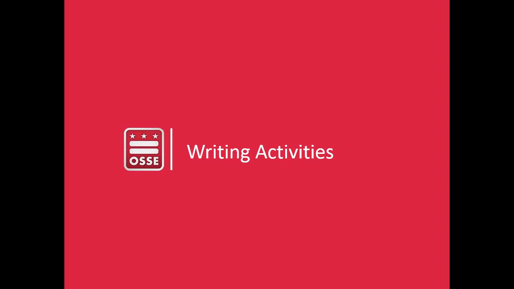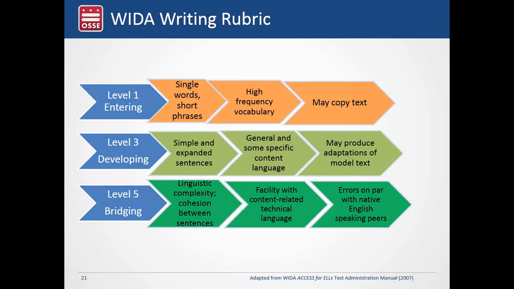And for you, I've created some sample writing activities at the different proficiency levels. When I develop writing activities, I think of what I know about my language learner, their home language, their proficiency in their home language, their proficiency in English, and their abilities in the different communication domains.